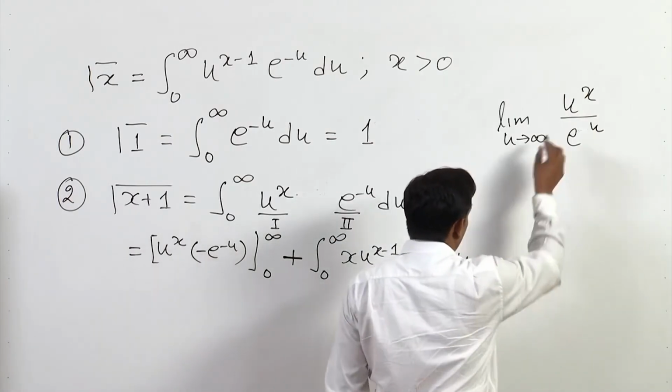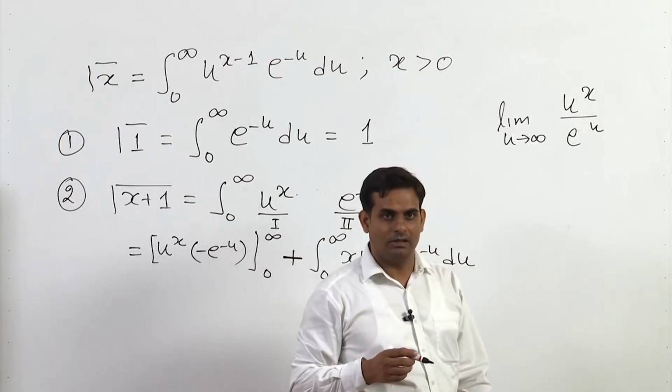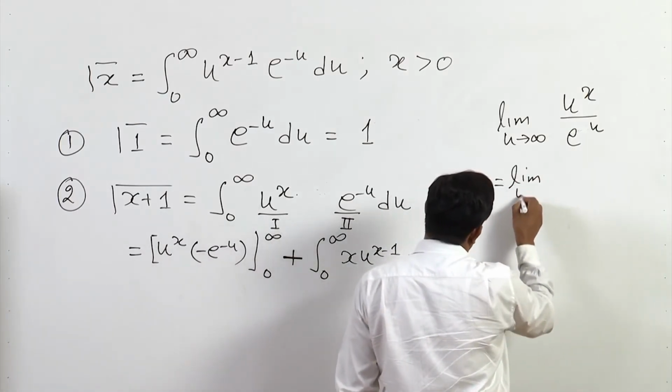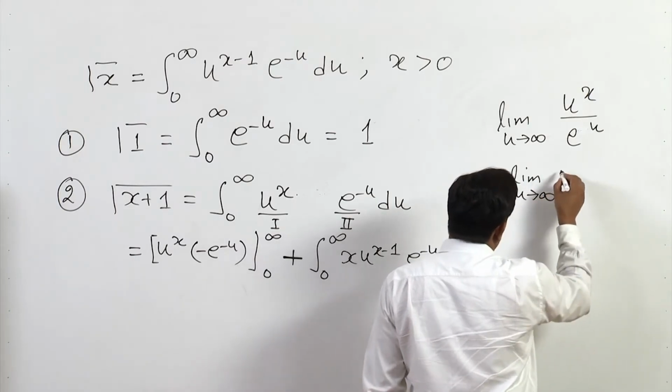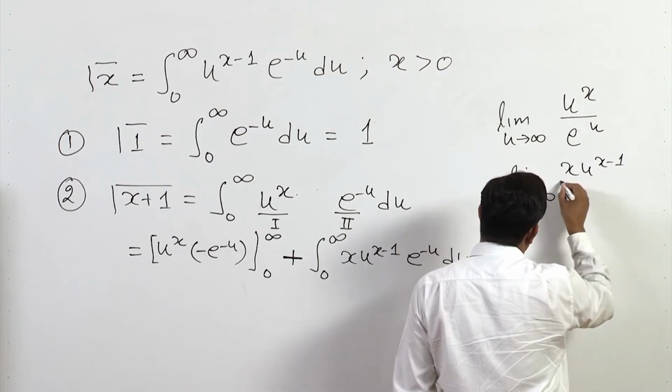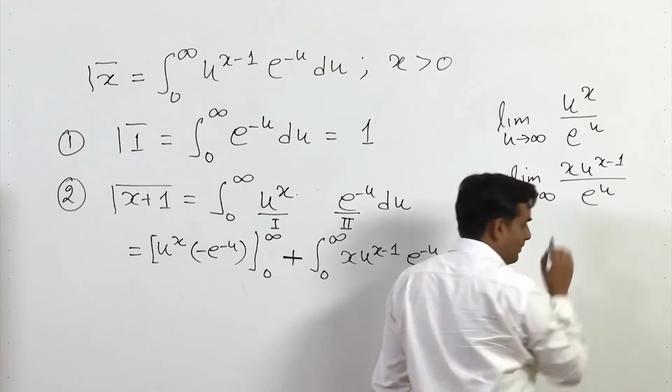Now it is of the form infinity upon infinity. So using L'Hospital's rule, it becomes x u raised to power x minus 1 upon e raised to power u.